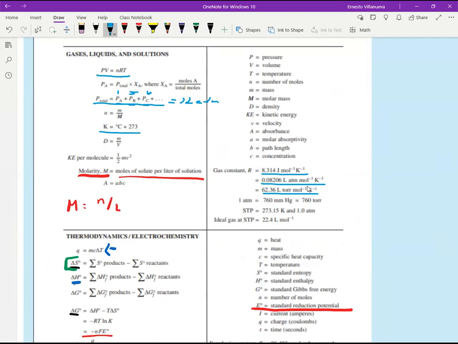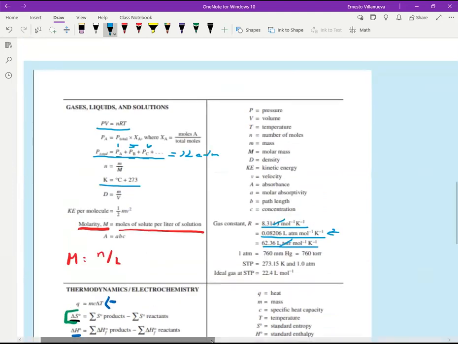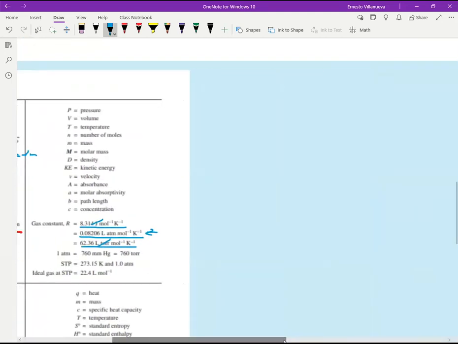For this particular problem, we don't have anything in torr, so we can't use this one. And we don't have anything in energy, so we don't have any joules present. So the one that we're going to use for this question is this gas constant. So let's take a look at the formula.